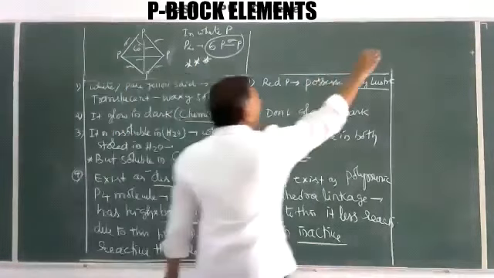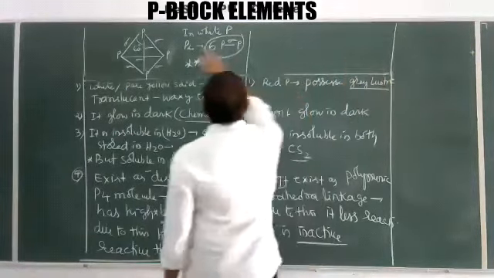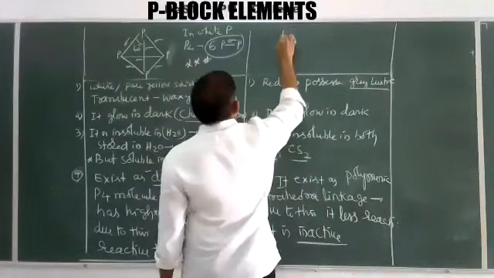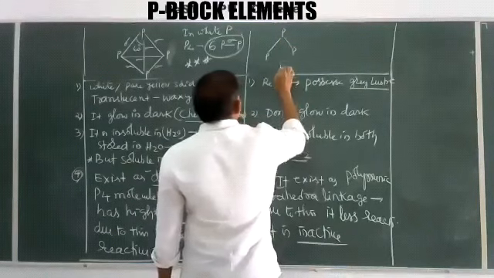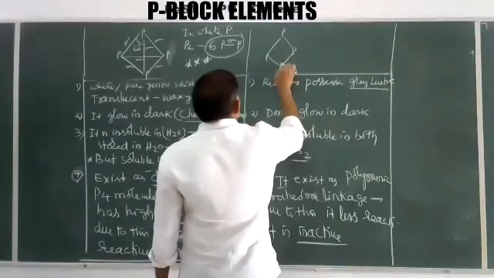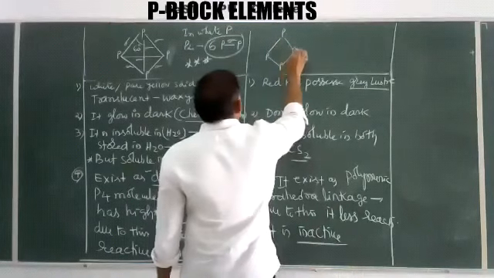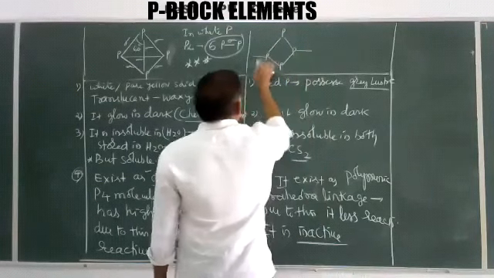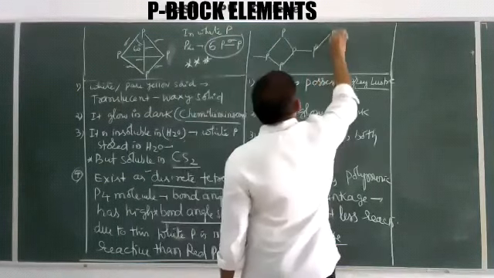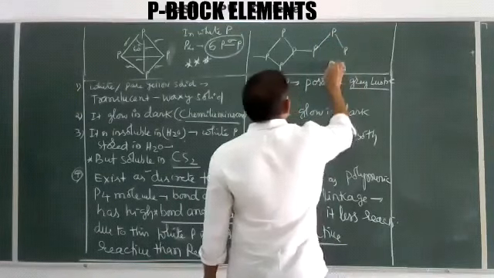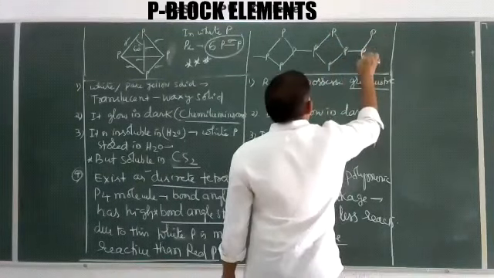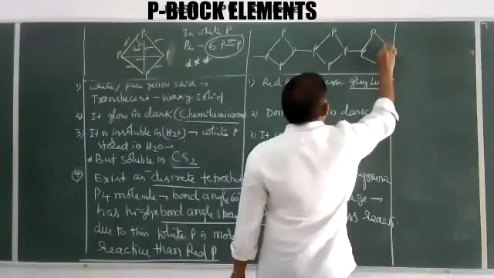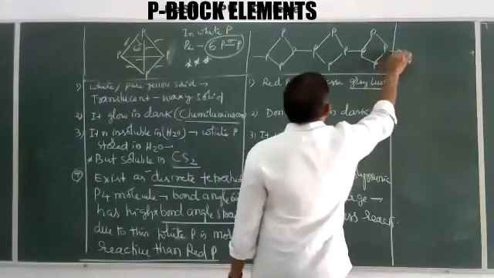Whereas in red phosphorus, these white phosphorus units are linked like this. Polymeric tetrahedral concept. Here the link-up takes place, again phosphorus, like this, then again the link-up takes place, and so on.